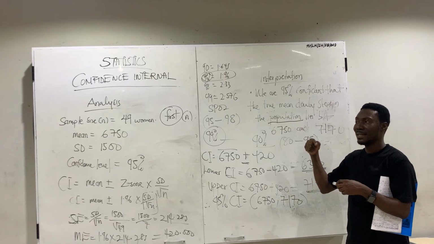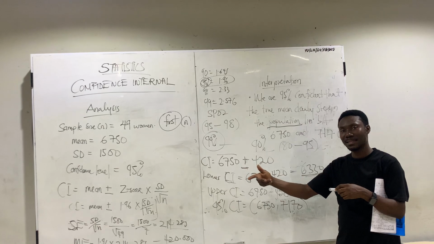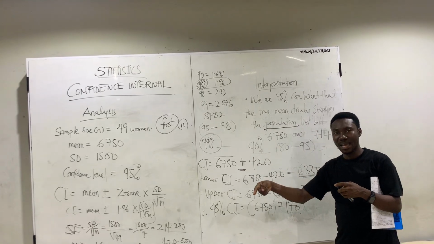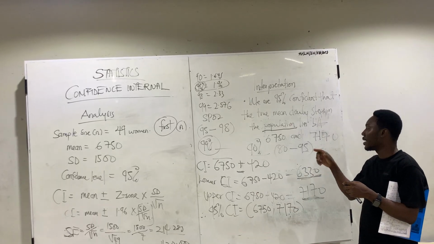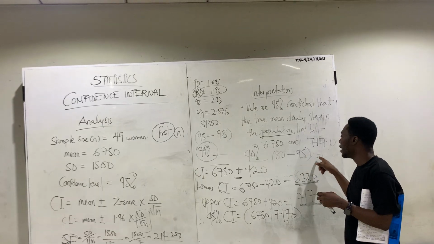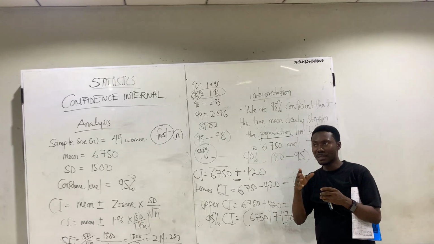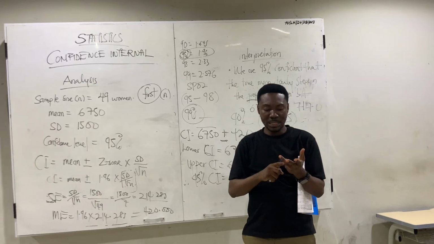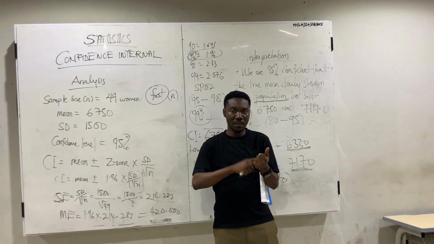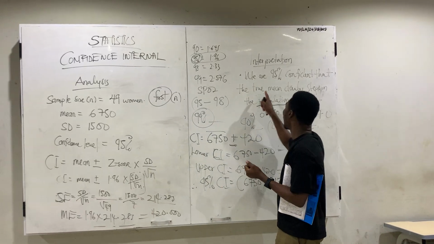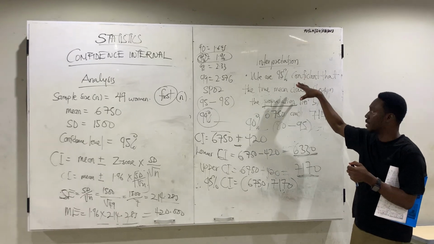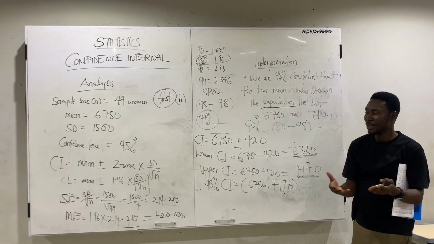We are 90% confident that the true mean diastolic blood pressure in the population lies between 80 and 95 millimeters of mercury. So the point is that when you are writing the interpretation, take note of the confidence level, take note of the variable, and take note of the word population. All these are things that have to be seen or featured when you are writing the interpretation.